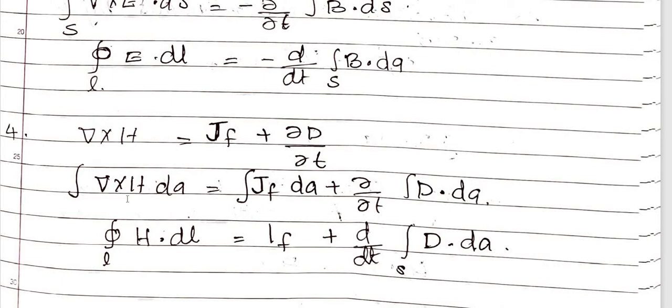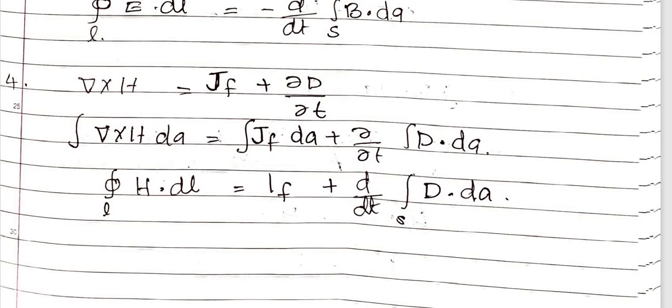So you get the integral of del cross H dot dA is equal to the integral of Jf dot dA plus d by dt of the integral of D dot dA. When we apply Stokes' theorem, this is equal to closed line integral H dot dl is equal to If plus d by dt of the integral of D dot dA.